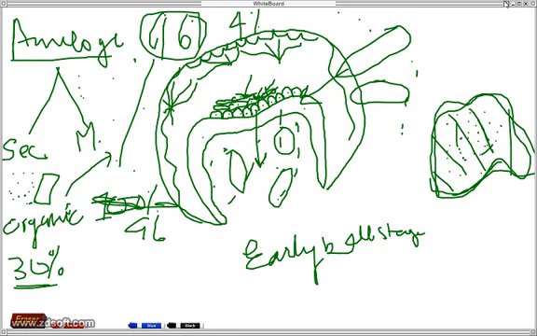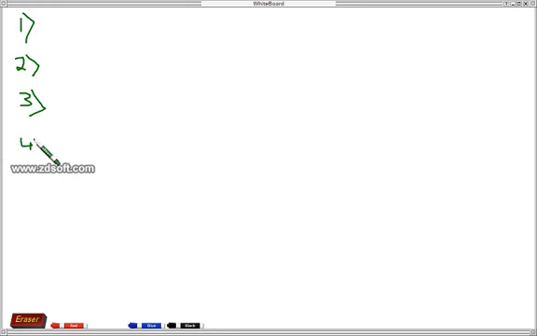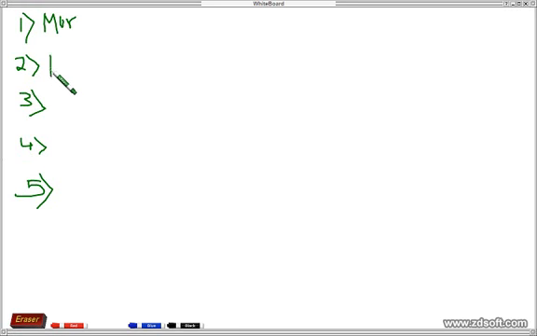Okay, now we are going to study the life cycle of ameloblast, because studying the life cycle of ameloblast is studying amelogenesis. They go hand in hand. Now this life cycle of ameloblast is divided into 5 stages. First is morphogenic stage. Second is formative or secretory phase.